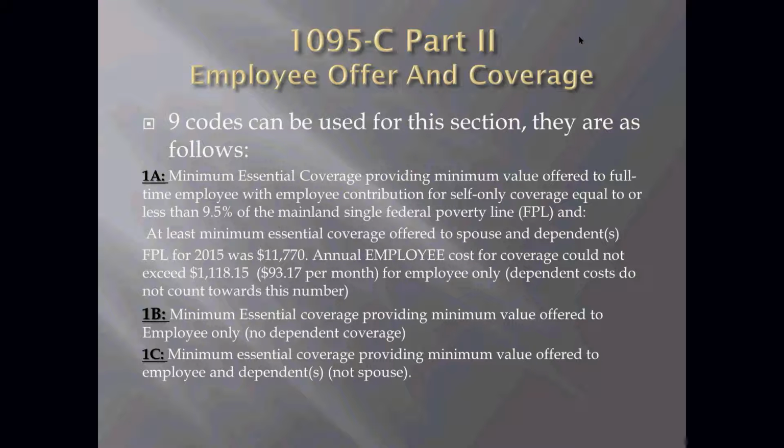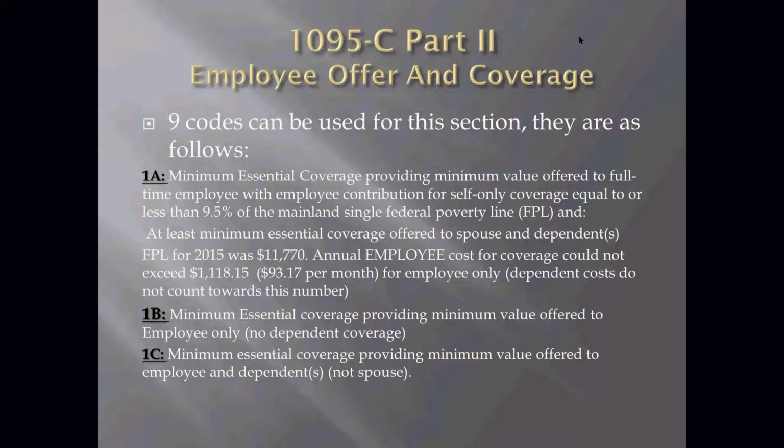And typically what we've done throughout the past year is look at your lowest paid employee and factor this at 9.5% of their income, and that's what everybody's costs are based off of. That way you have a safe harbor and you're not overcharging any of your employees.